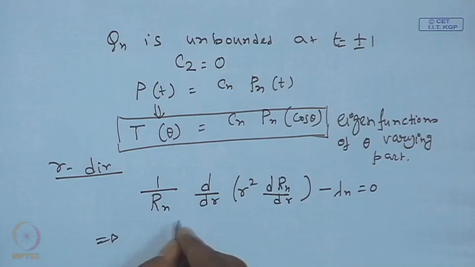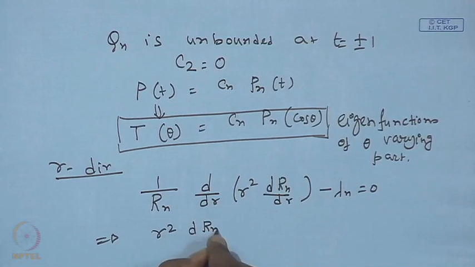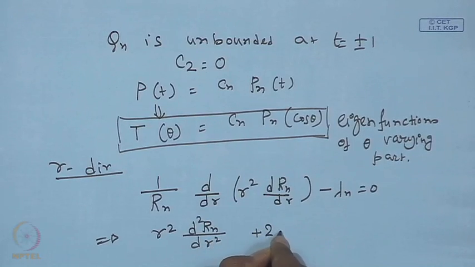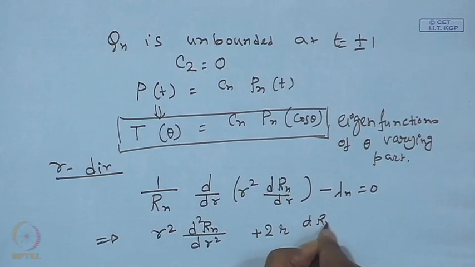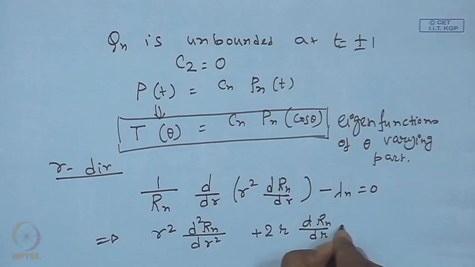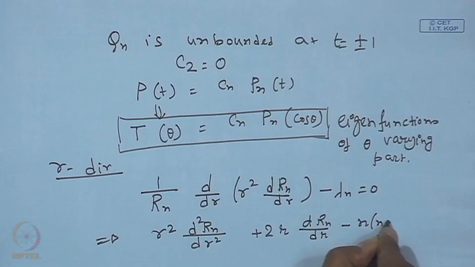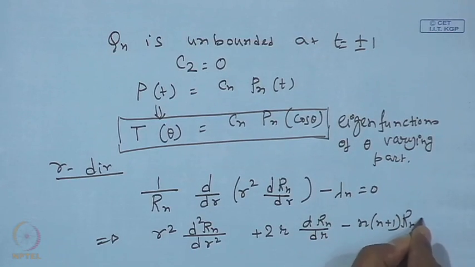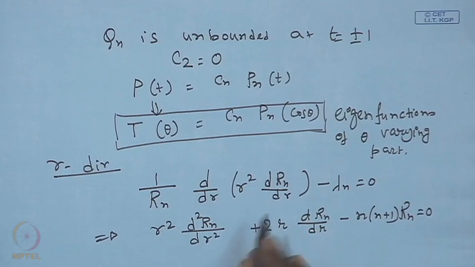If you open up this differentiation, this becomes r square d square R n dr square plus 2 r dR n dr minus n into n plus 1 R n is equal to 0. So, lambda n is nothing but n into n plus 1. Therefore, this is the equation.